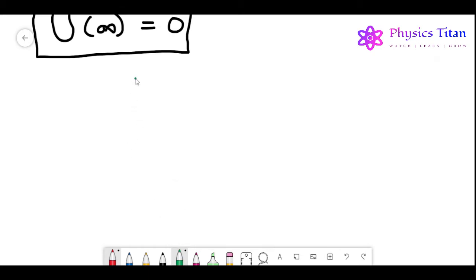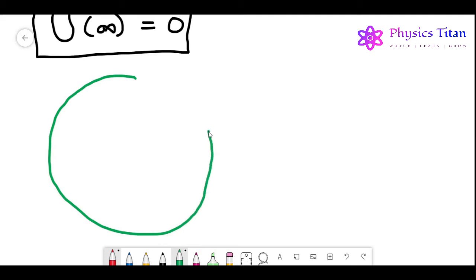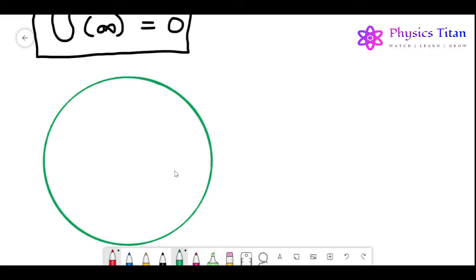Let us say there is a planet. This is the center of mass. Let us say this is the radius R, and it has a mass capital M. And let us assume that this boundary or this line denotes the infinity line.